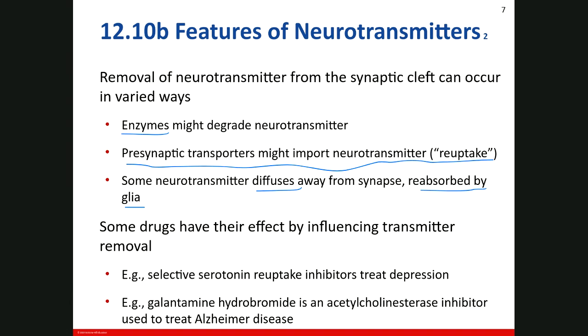Or galantamine hydrobromide is a drug which we can use for treatment of Alzheimer's disease, and it works as an acetylcholine esterase inhibitor. It doesn't let the acetylcholine esterase work on our acetylcholine and break it down. So by this function, it can treat Alzheimer's disease.